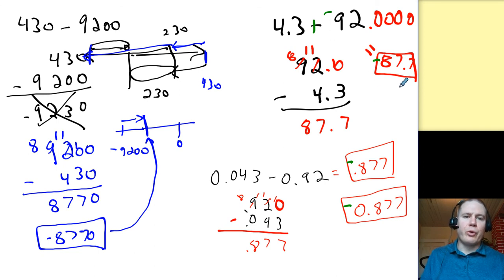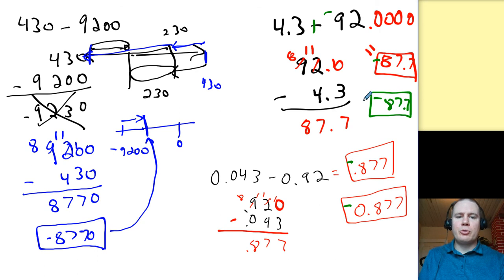One way to avoid that is if we notice that it's going to be negative, write your negative sign first, then carry out the calculation. Okay, we get 87.7, and write that in. All right, so that's adding and subtracting decimals. We want the place value to be lined up properly. To do that, we line up the decimal points for each number.